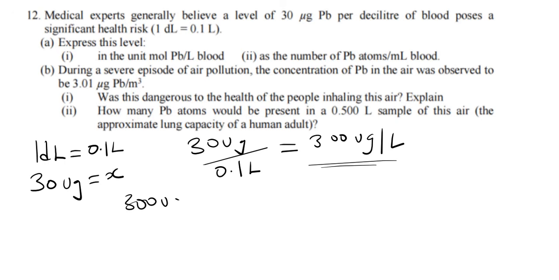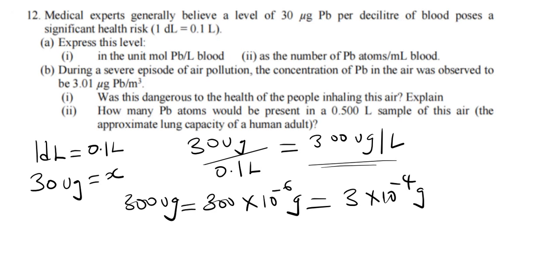To convert it to grams, you know that it would be the 300 multiplied by micro, which means 10 to the power negative 6, grams. When we multiply the two, 300 times 10 to the power negative 6, I'm going to have 3 times 10 to the power negative 4 grams.